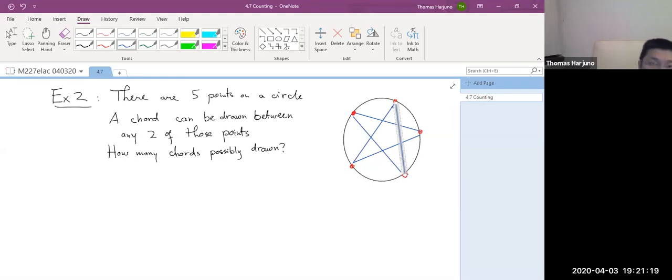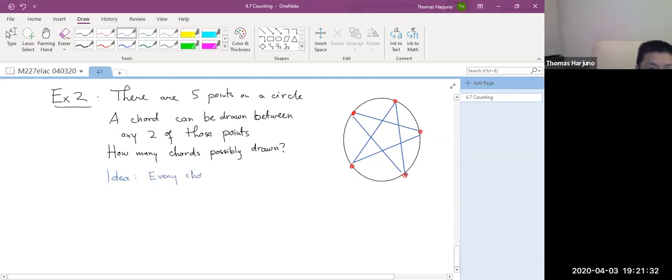Okay, so we will use the following idea. Here's the idea. Every chord takes how many points? Every chord requires 2 points, right?